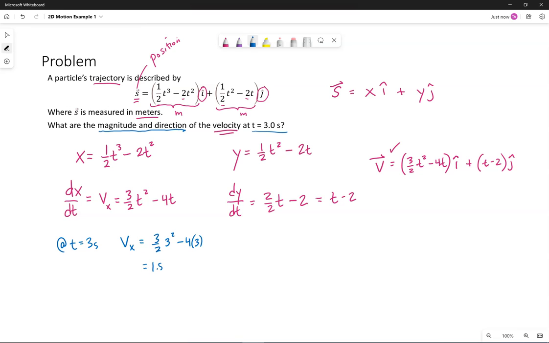I'm getting 1.5. This will be in meters per second since they told us that the position was measured in meters. Plugging in over here, the y component ends up being 1 meter per second. And we would find the same thing if we plugged in over here.